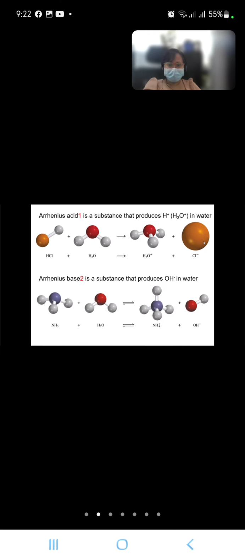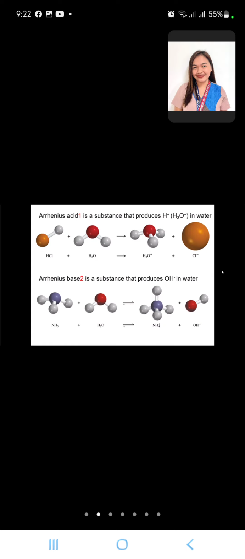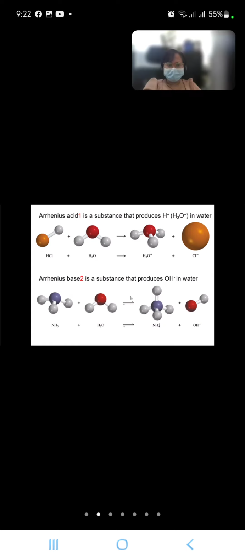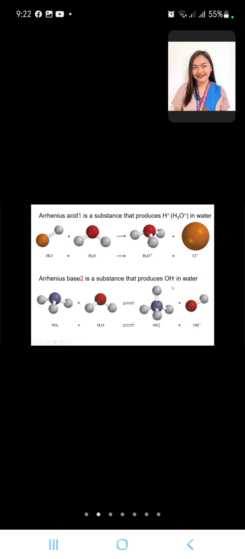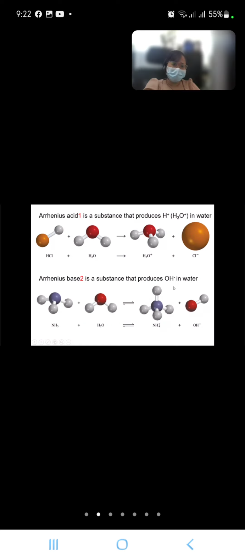For Arrhenius base, according to Svante Arrhenius, a base is a substance that when dissolved in water will produce hydroxide ion.